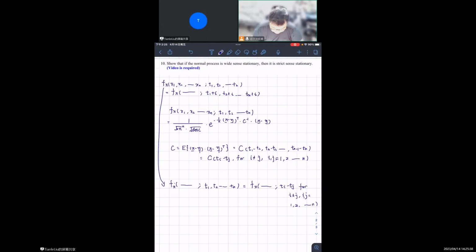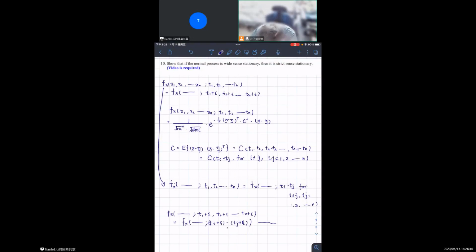With this one, we can also get f of x, with x staying the same, at t1 plus epsilon, t2 plus epsilon to tn plus epsilon, which equals the same form, f of x with x the same, and ti plus epsilon minus tj plus epsilon, for the same condition for i and j, i not equal to j, i, j equal 1 to n.